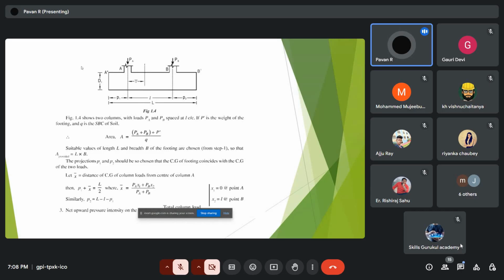The actual rule of designing a combined footing is that the CG of the footing should coincide with the CG of the loads. So these formulas are provided: P1 plus x dash is equal to L by 2, and x dash is equal to (PA x1 plus PB x2) divided by (PA plus PB).